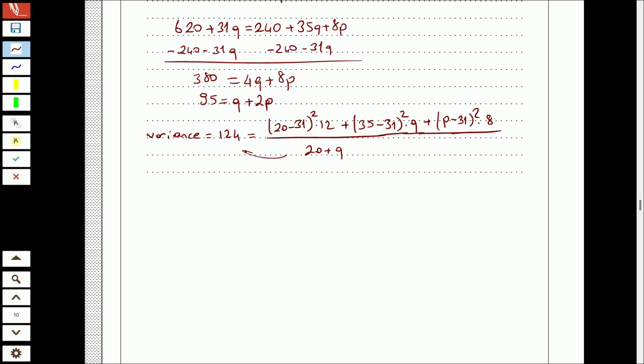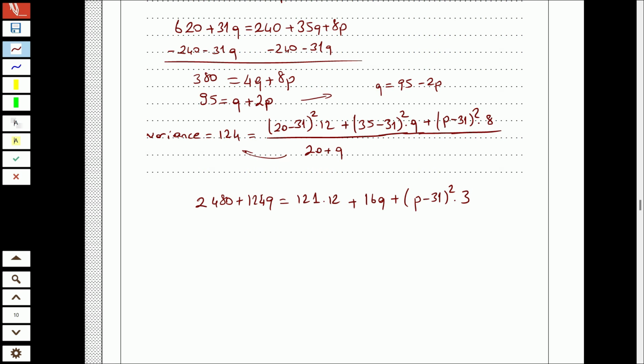We can make a cross product. 2480 plus 124q equals, let's say, 121 times 12, plus 16q plus (P minus 31) squared times 8. And first we write q in terms of p: q equals 95 minus 2p.